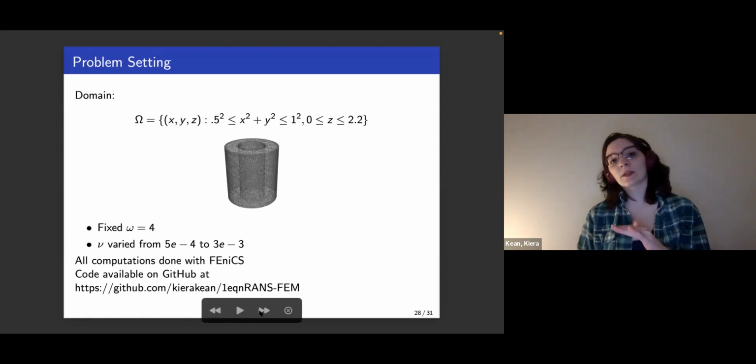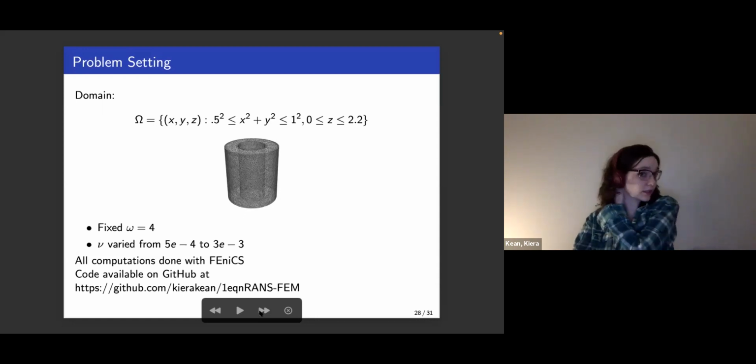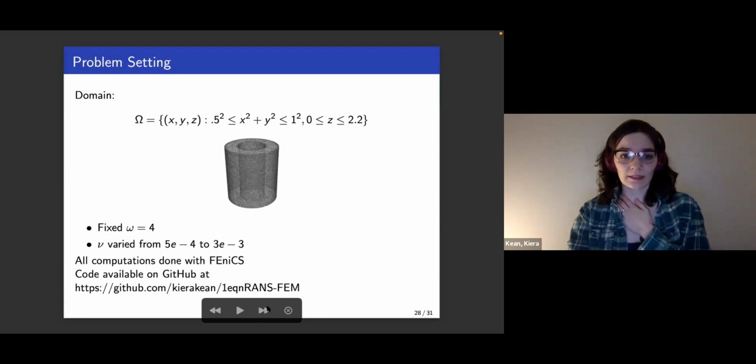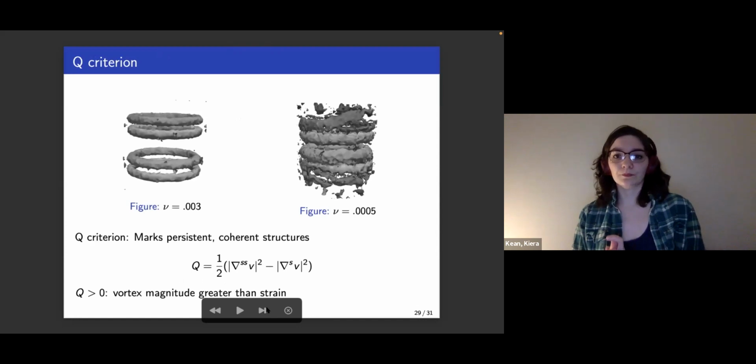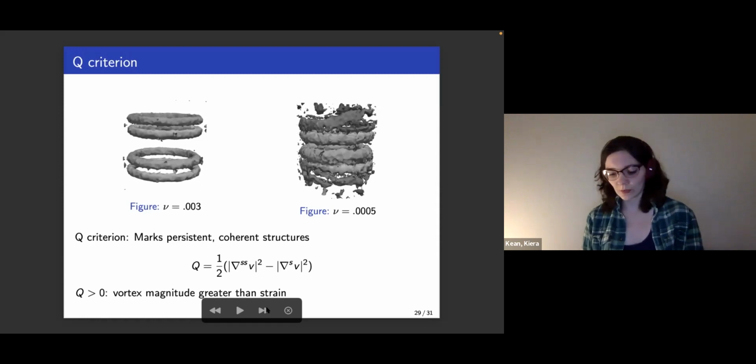So we took periodic boundary conditions in the z direction, so we didn't have to take a very long cylinder, as one often might in these numerical tests. And we benchmarked our code with the laminar solution to Taylor-Couette flow, and we saw agreement.